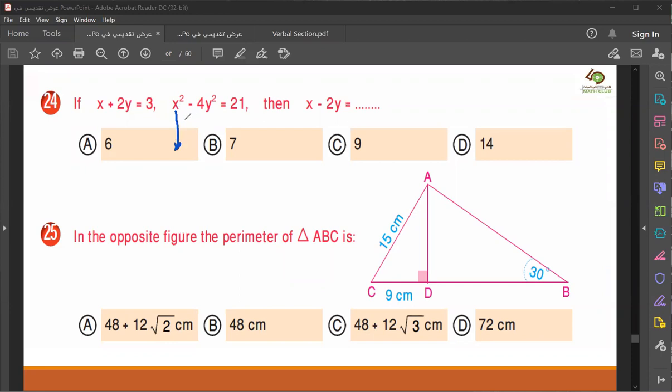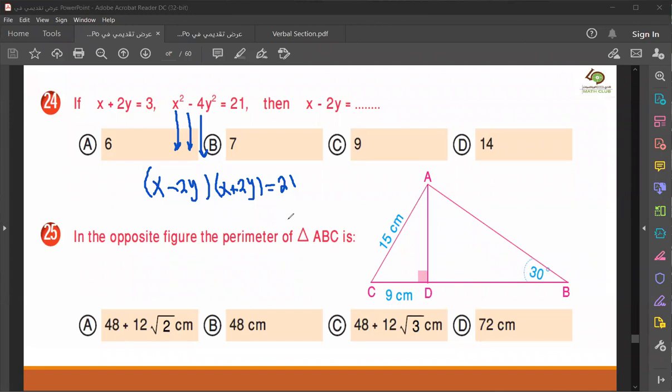If you have x squared and you put here a square, and the sign is minus, then you factor it. You write x minus 2y, the same brackets, x plus 2y, equals what? 21, sorry, 21. So it equals 21, right?